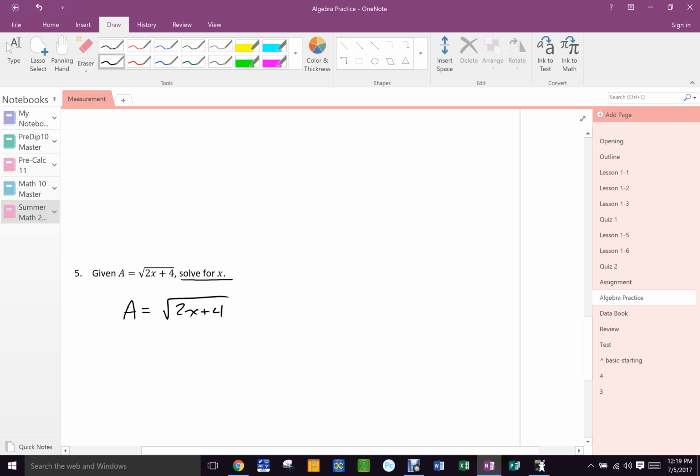If I want to get x by itself, I got to start as far away from x as possible, correct? So what would that be? I would say it's the square root, wouldn't you? How do we get rid of squared? If I have x squared equals 9, what do I do?